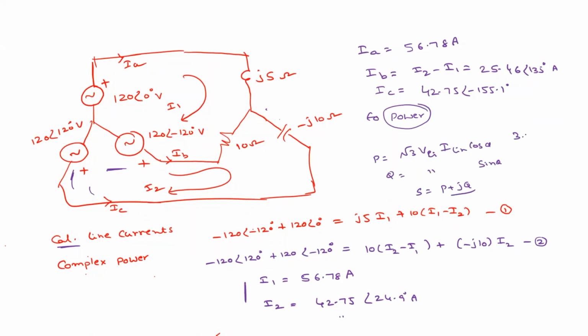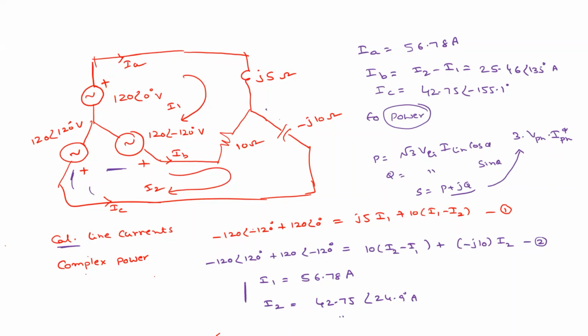So this is equal to 3 into V phase into I phase star conjugate, right? This is the complex power. What is the complex power in single phase? V phase into I phase conjugate. So in case of 3 phase, it will be 3 into V phase, I phase. Agree?